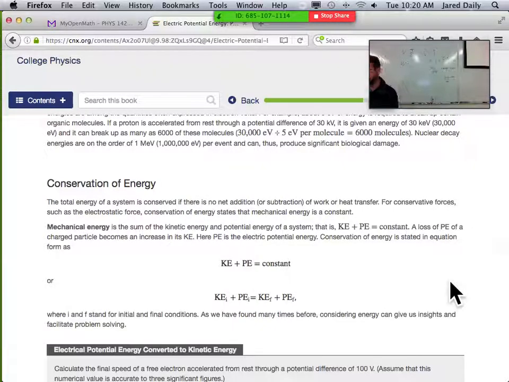Just like all energy that we've dealt with so far in this class, electrical energy is conserved. So potential energy plus kinetic energy equals a constant. It's always the same. It just goes back and forth between kinetic and potential. And you can even have elastic energy with electrical, because you have this repulsion and attraction bit, kind of like spring energy.